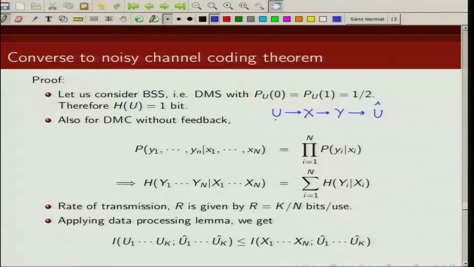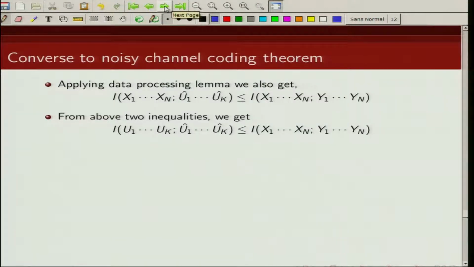So mutual information between ui's and u hat i's is going to be less than mutual information between xi's and ui hats. So that is what I am writing here. Next, I again will apply the data processing lemma. Let me write down the Markov chain. So u, x, y and u hat form a Markov chain.